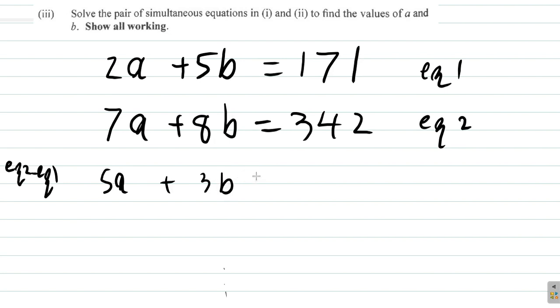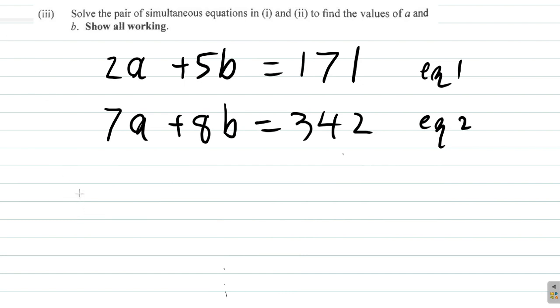You still have B. The idea is that you still have A and B. So you still did not manage to eliminate A nor B. So what are you going to do?